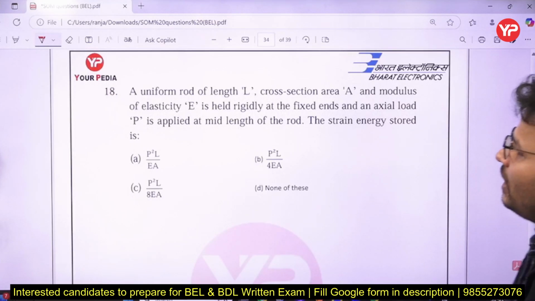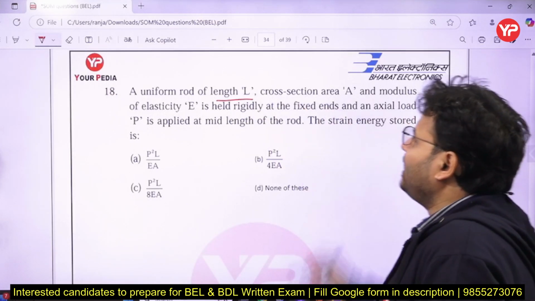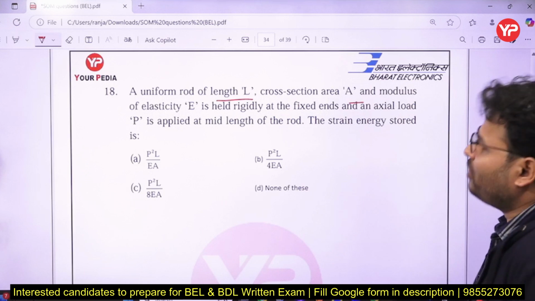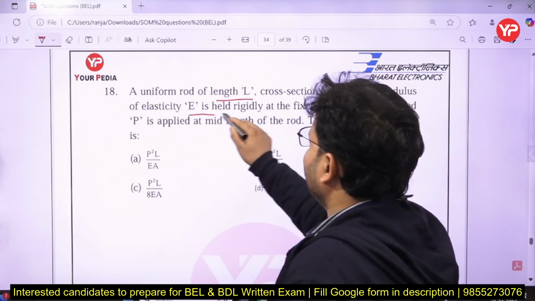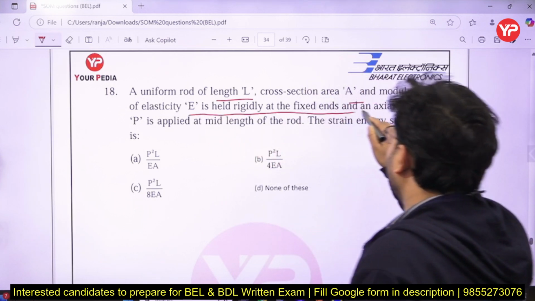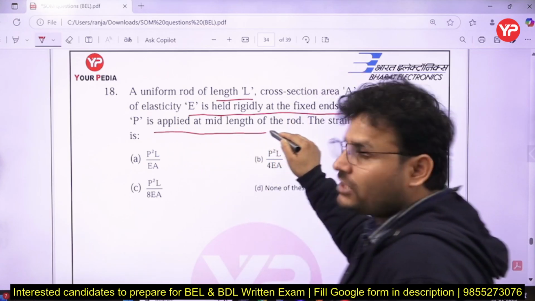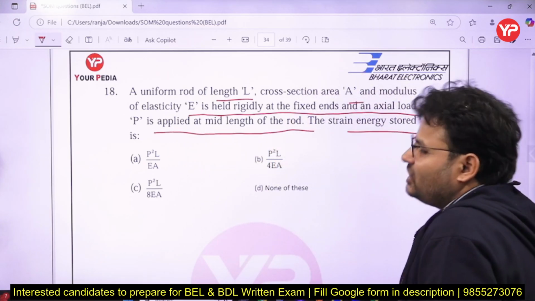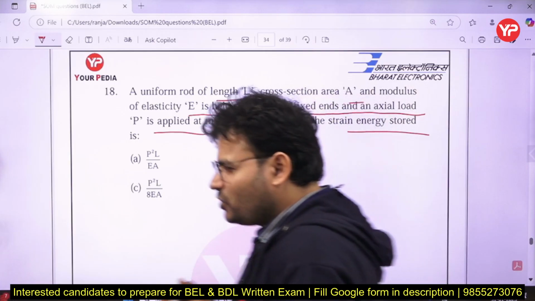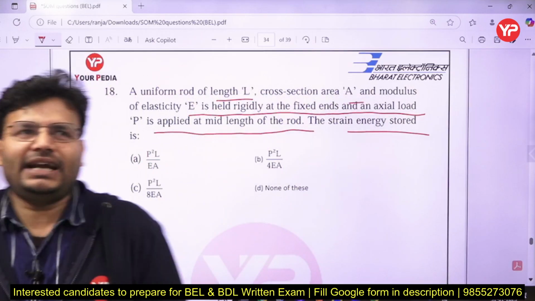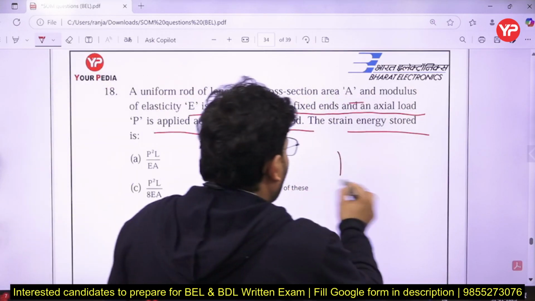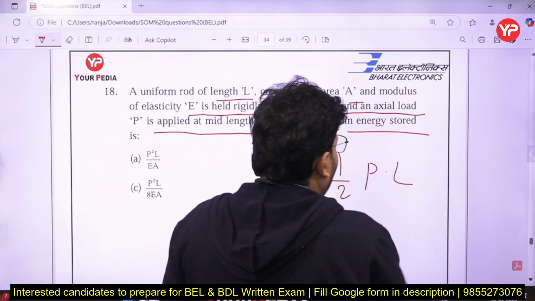Next question. A uniform rod of length L, cross sectional area A and modulus of elasticity E is held rigidly at the fixed end and axial load P is applied at mid length of the rod, the strain energy stored. My dear friends, what do you mean by strain energy stored? That is half P into delta.